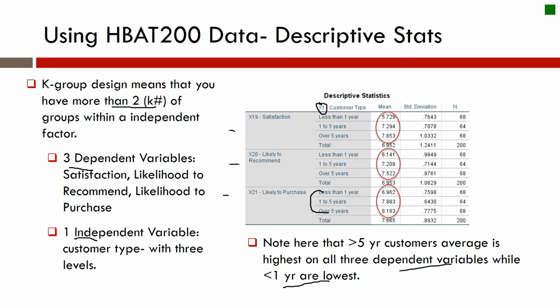One of the questions will be whether the relationship between 1 and 5 and over 5 is significantly different. The first and the last groups are almost always significantly different from each other.